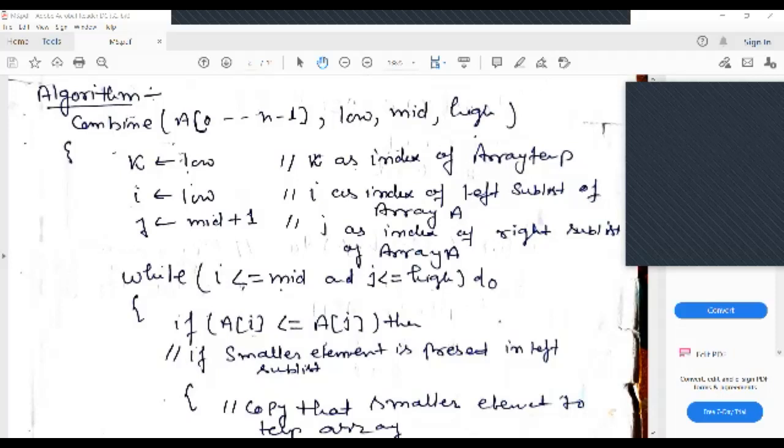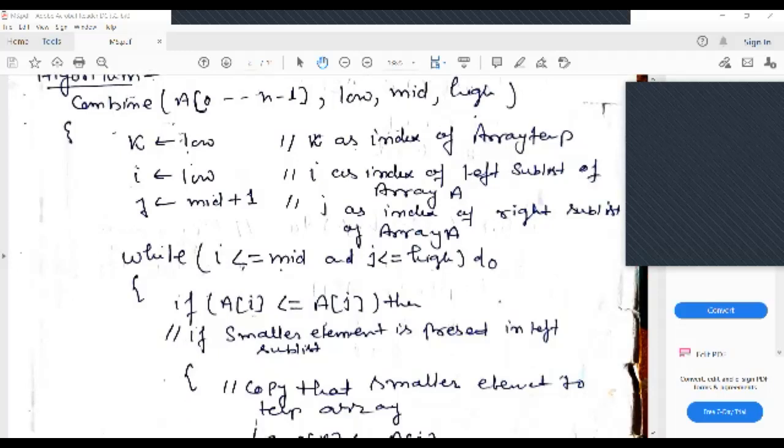So I is assigned low, and j is equal to mid plus 1, because the low value of the second sublist, the right sublist, is mid plus 1, since the problem is divided into two subproblems. In this way, these variables have been initialized.